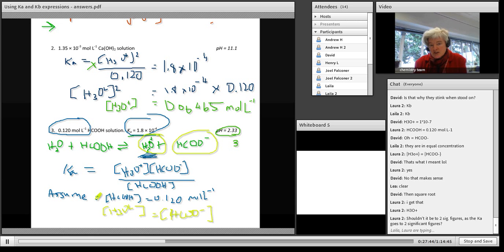The 3 and the 3 are significant, but not the 2. The 2 is actually just a placeholder, just like 10 to the minus 4 is a placeholder. It just tells you how many zeros are ahead of the 1.8, which we know are not significant. In a log scale, that 2 serves the same function.